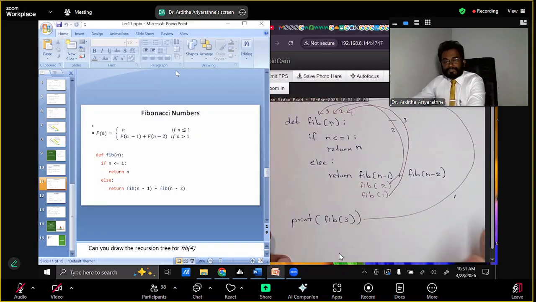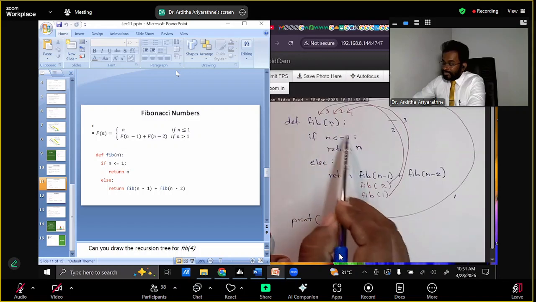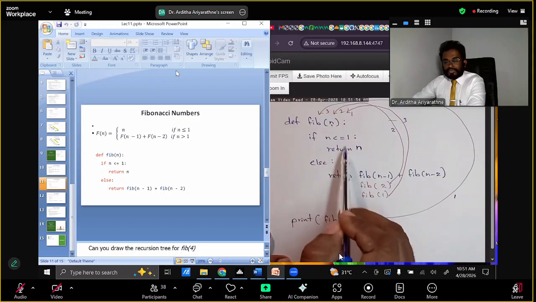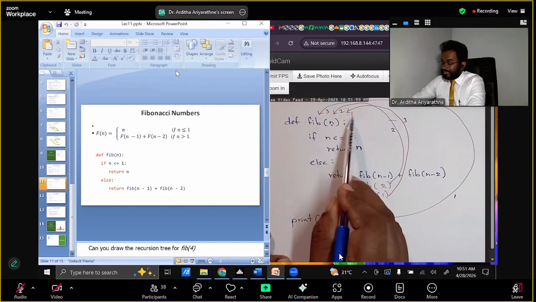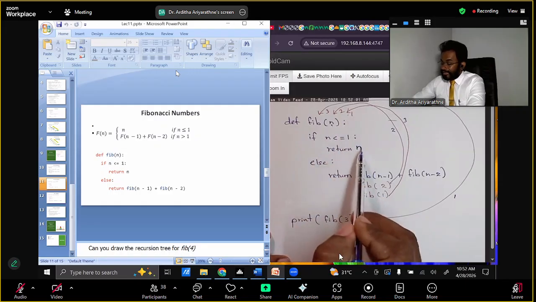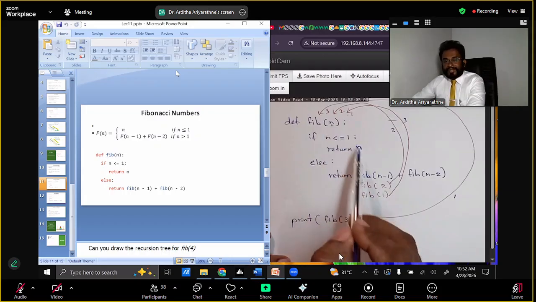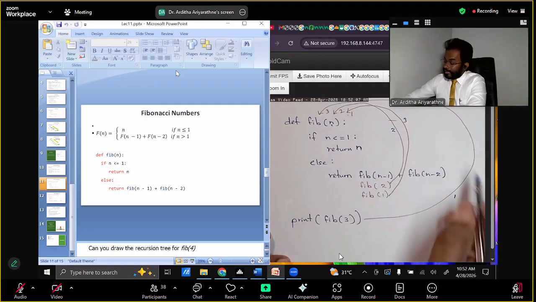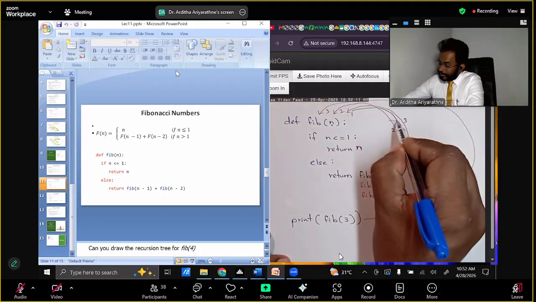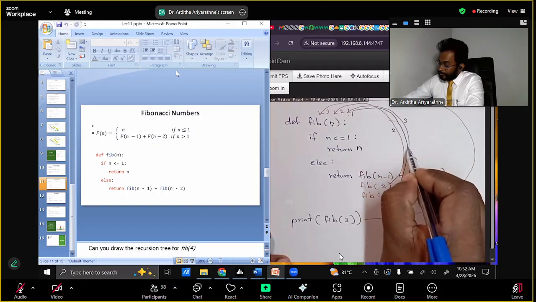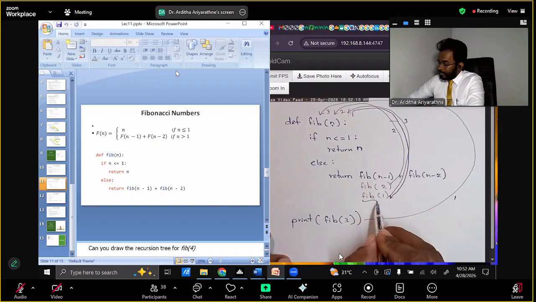Now n is 1 and this is true because the basic condition is reached: n less than or equal to 1. Then we return n, which means the same value, 1. So we return along the chain of calls we made, back to this point. Now we know the value of this is 1.